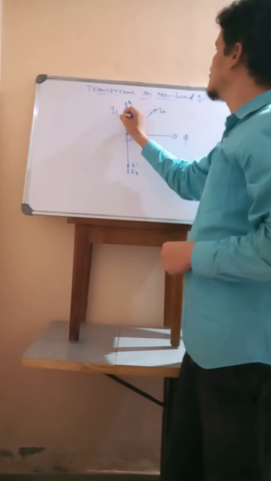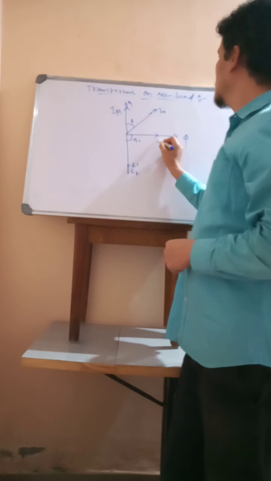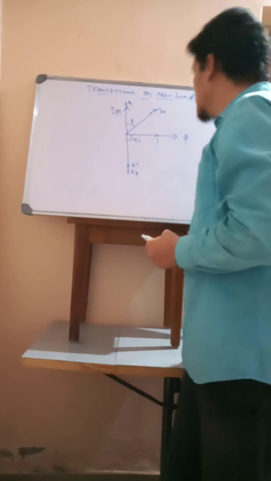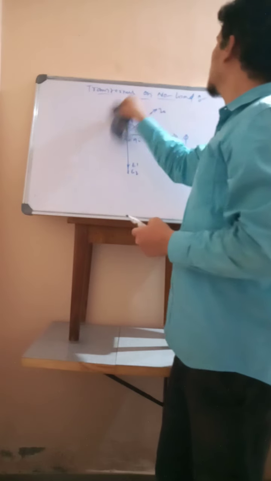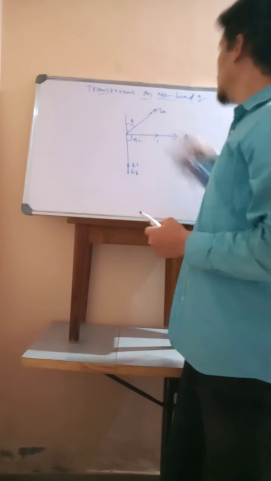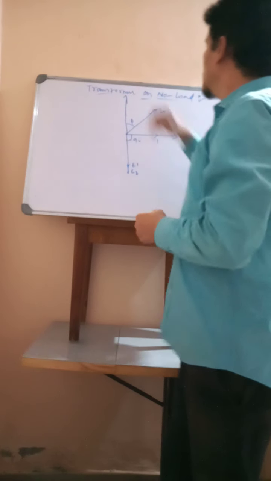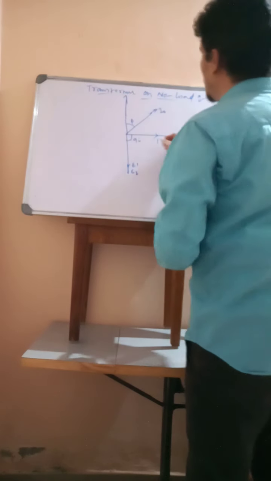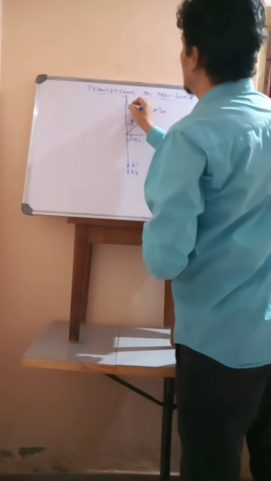Now what is this vertical component here? I mu. And what is the horizontal component? Sorry, I'm extremely sorry. So this is I naught. What is the vertical component? I mu. What is the horizontal component?